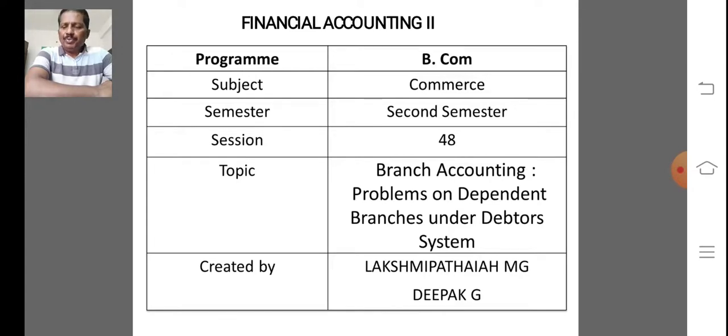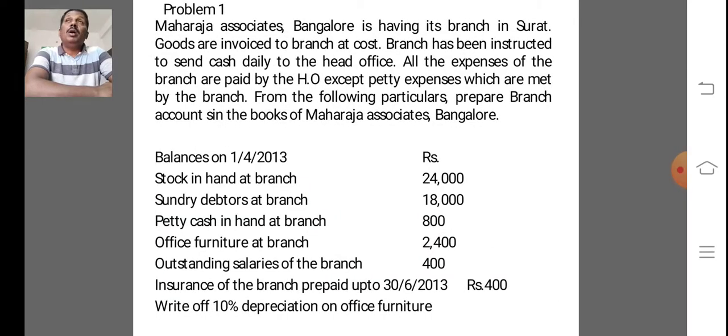And finally, for any missing information about the branch cash and bank balance, like opening or collection and remittance of the branch or closing bank balance, a memorandum cash or bank account must be prepared. These are very important notes to be kept in mind before solving the problem.